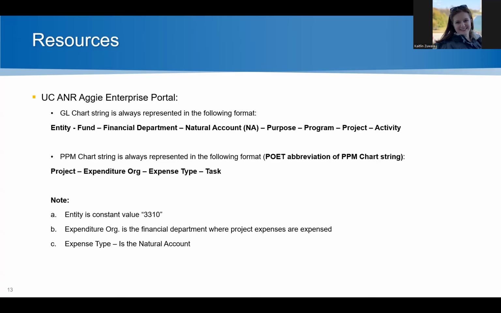It is also called the POET abbreviation of a PPM chart string. That would be your project, expenditure organization, which is the same thing as your financial department, the expense type, and the task. So just to note, entity is the constant value at 3310 for UCANR. Expenditure org is the financial department where project expenses are expensed. And expense type is the natural account.